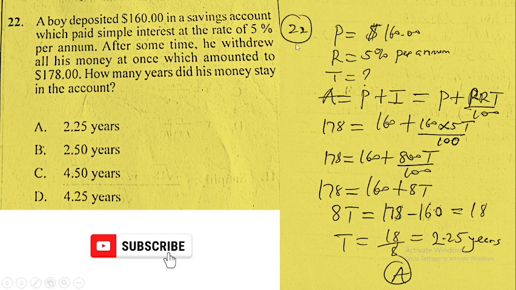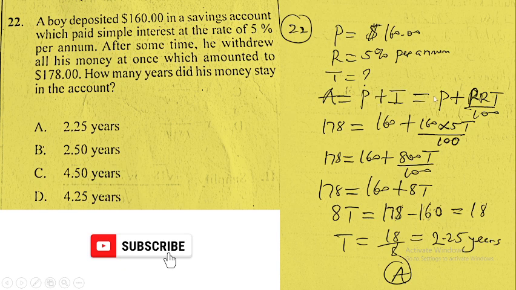So that means the money the boy withdrew is not only the money he deposited, which is the principal. No, he withdrew the money deposited and the interest that has been added to the money, and that is what gave us the amount. So amount is principal plus interest. The money saved plus the interest on the money.